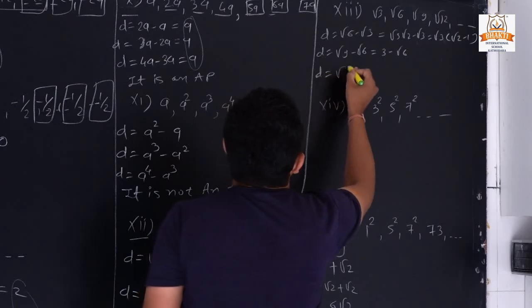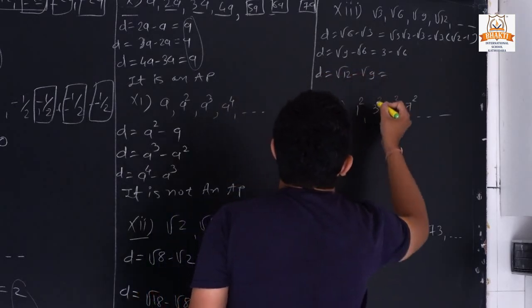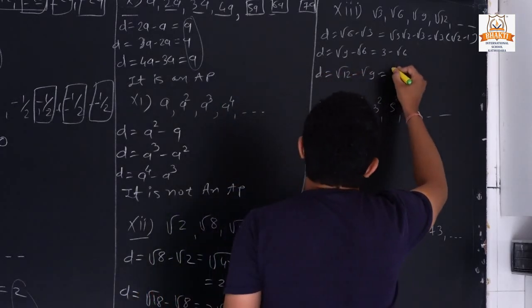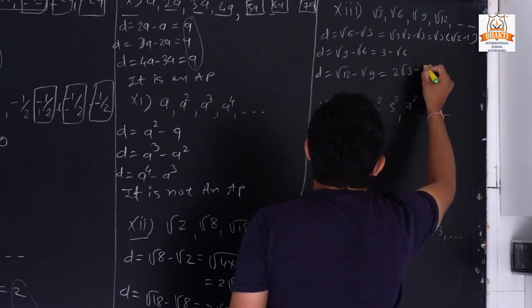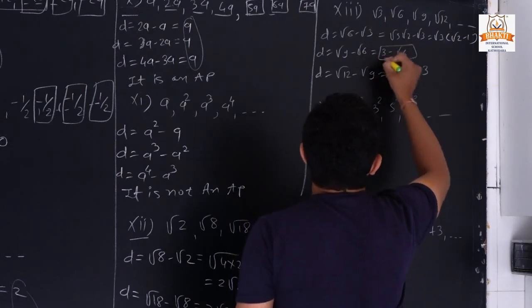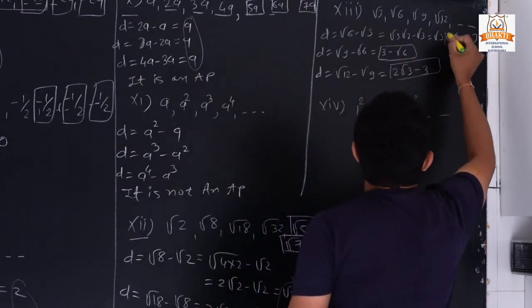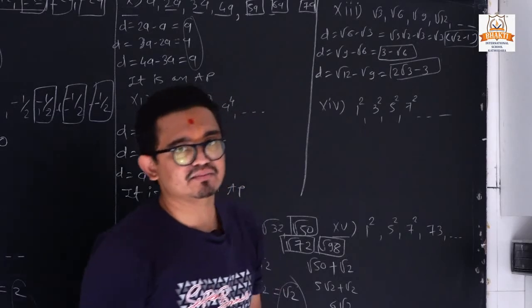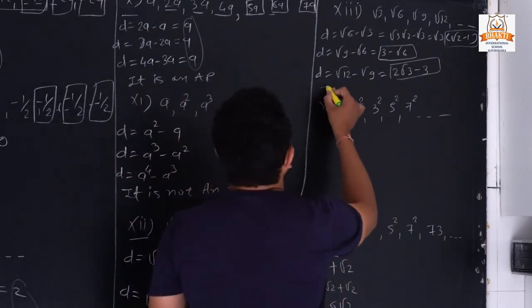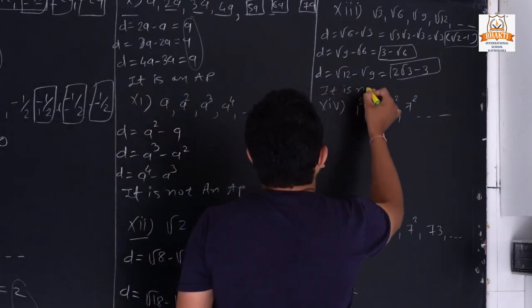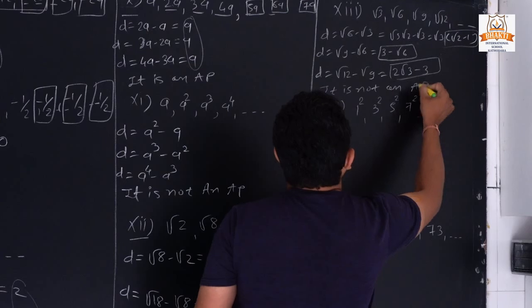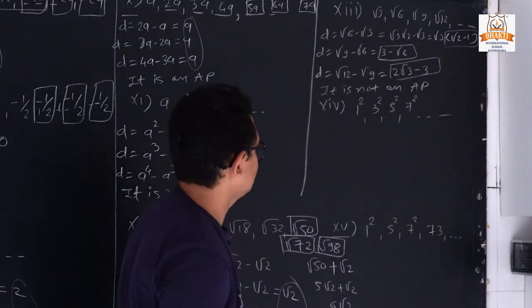And next root 12 minus root 9, so 2 root 3 minus 3. Clear? We cannot get the same difference each time. So it means it is not an arithmetic progression.